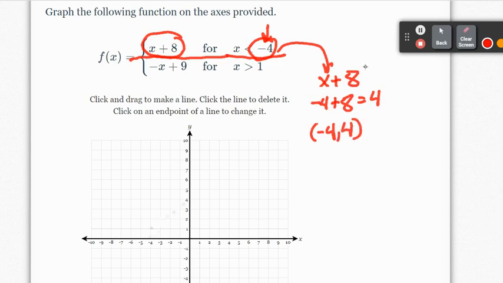So -4, 4 would be right here. And then from there, I need a positive 1 slope. So I just use this rule to find the starting value and to know that I'm going to the left, which is what x is less than says. But I need a line with a slope of 1. Going left with a slope of 1 would look like down 1, left 1, down 1, left 1.